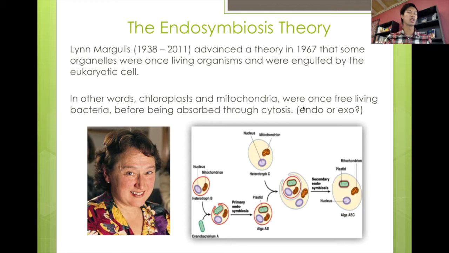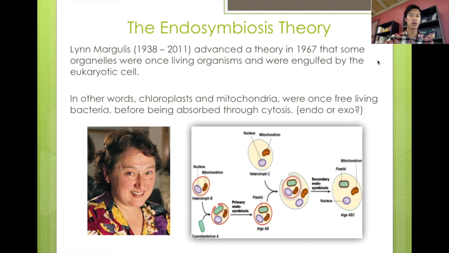But then instead of digesting and eating them, the cell kept them and incorporated them to become part of the cell, and therefore developing a complex eukaryotic cell, right? And so the word endo meaning inside, sym meaning together, biosis meaning life. So basically one life within another life, and that's what the word endosymbiosis means, okay?